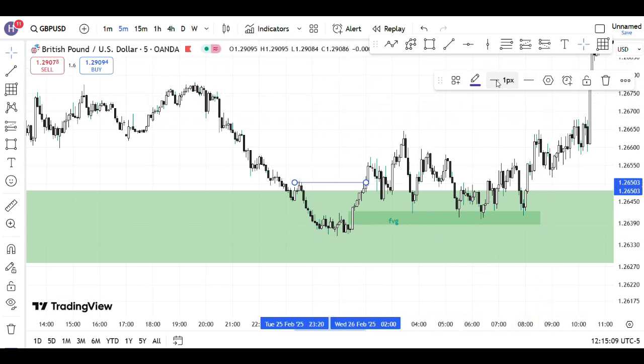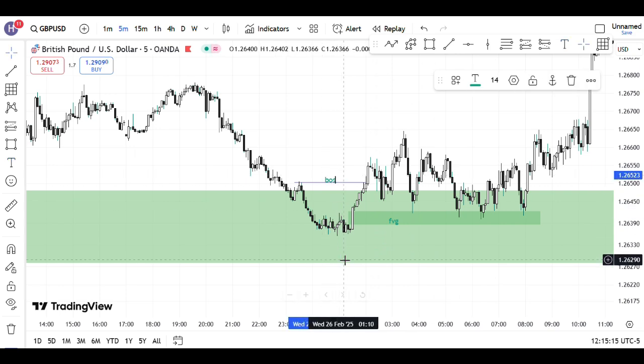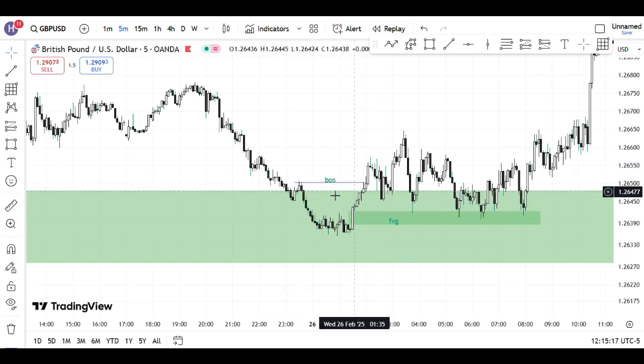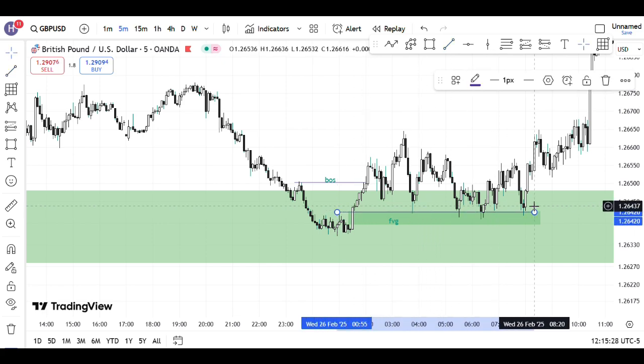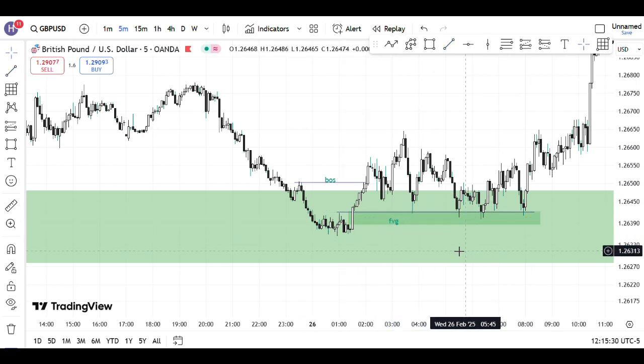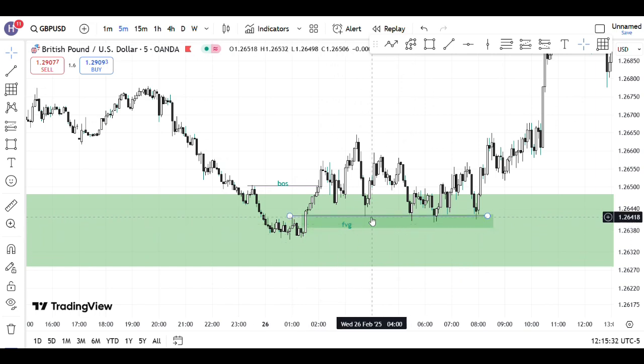So we'll mark our BOS. There's a break of structure, right? There's a break of structure here. Okay, so now we can validate this one. This is a valid fair value gap.